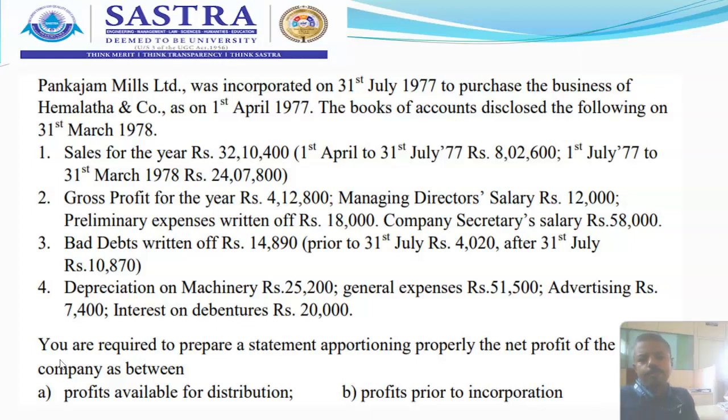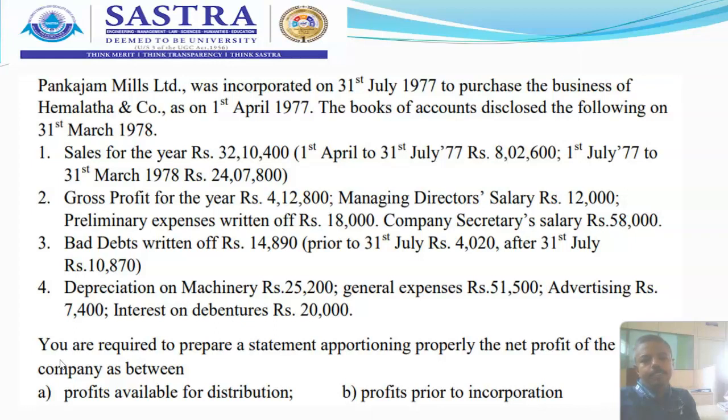The books of accounts disclose the following on 31st March 1978. Please take a note of the dates and the year. That is most important because in the last class itself we have seen the dates need to be written in a proper way to calculate the time ratio.